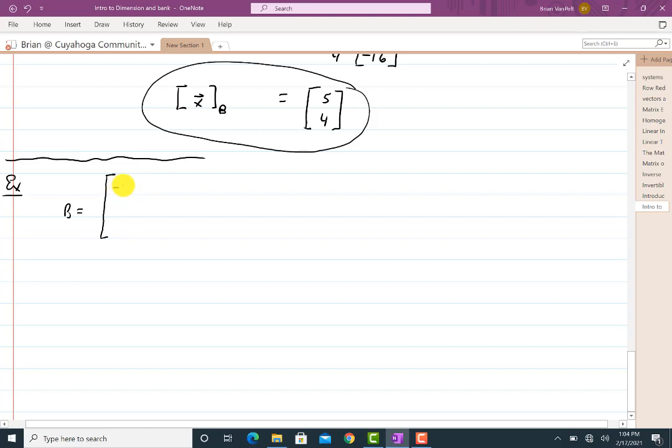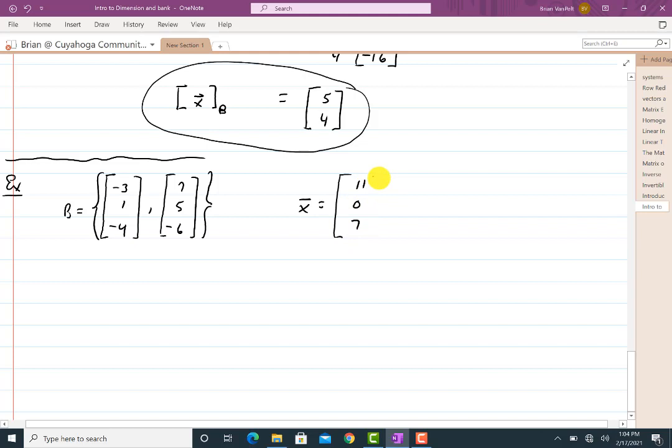I have (-3, 1, -4) and (7, 5, -6). There's my basis. My vector x this time is (11, 0, 7).